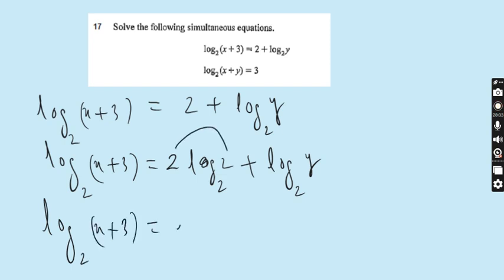This 2 becomes the power of the log, 2 squared is 4, log base 2 of y.